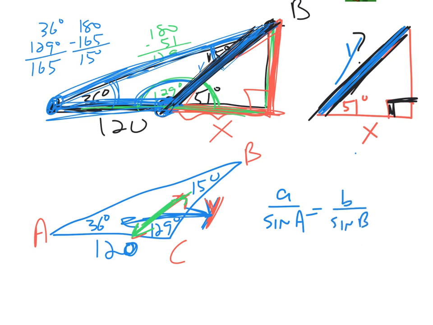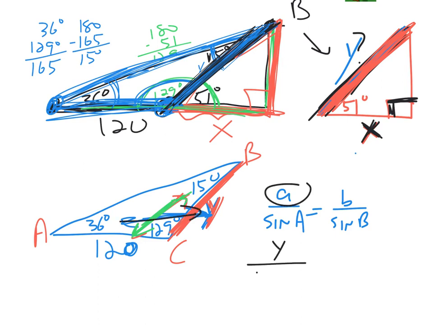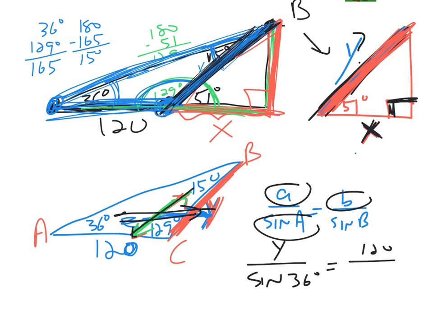I'm going to find this y, this side of that obtuse triangle, because that's also the hypotenuse of the red triangle, and that's what I need to solve for x. So here I'm going to have a, which I called y, over the sine of angle a, so the sine of 36. That equals little b, which is 120, over the sine of angle b, so the sine of 15 degrees.